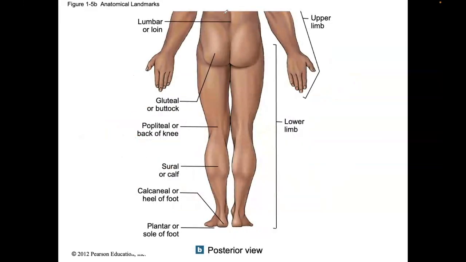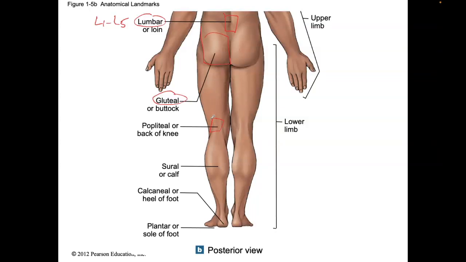When we look at the lower back, the lower portion is the lumbar, and we have L1 through L5, lumbar vertebrae, L and L, lumbar for lower back. The rump is called the gluteal region. So when we talk about muscles and you learn about the gluteus medius or gluteus maximus or gluteus minimus, the glute muscles are part of the rump.